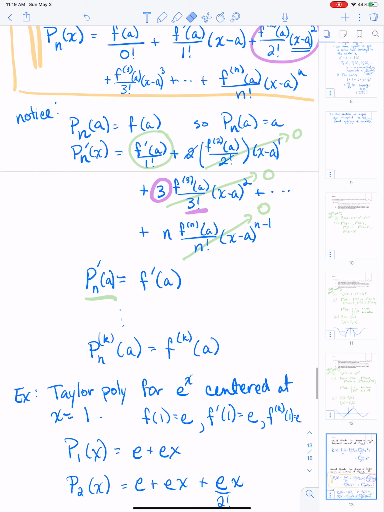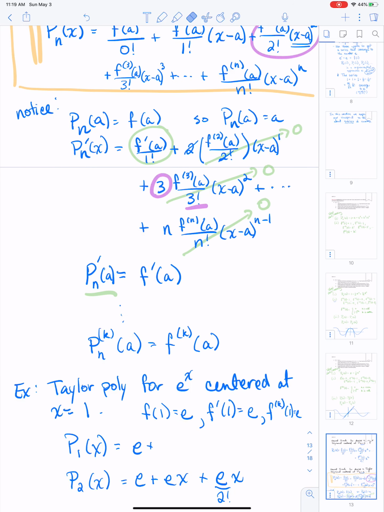We're centered at x equals 1, so for P1 of x we want e plus e times x minus 1.